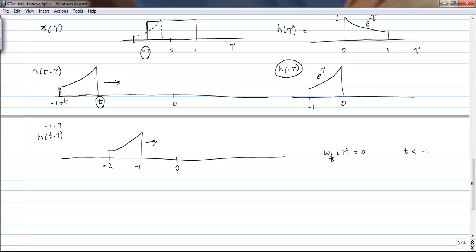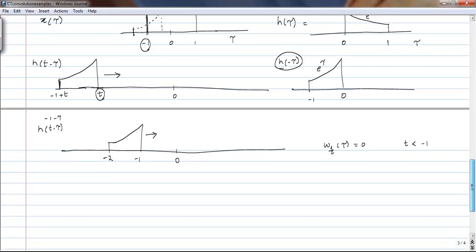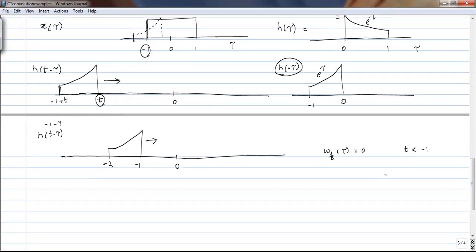So the next range of t that I want to consider: notice this is going to be t, this is minus 1 plus t. So what I want to consider are values for t greater than minus 1, but I want minus 1 plus t to be less than minus 1. Okay? That means t has to be smaller than 0.